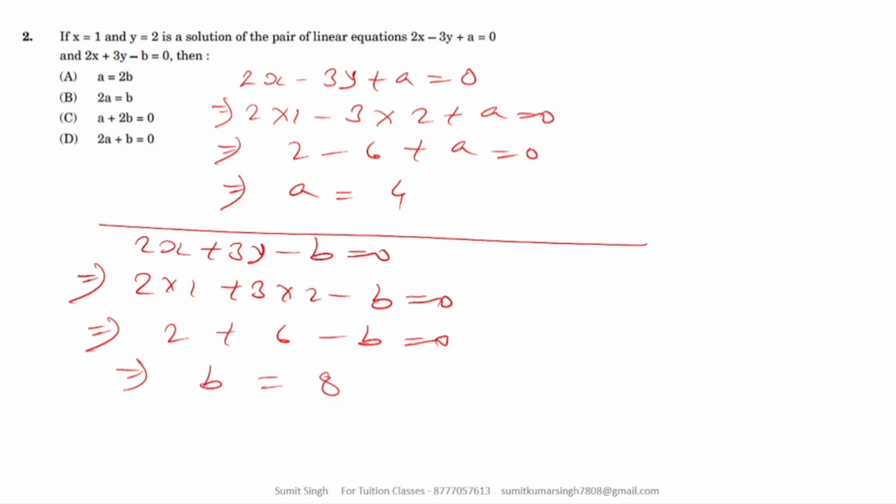If you see the options carefully, here a is 4 and b is 8. When we multiply a by 2, it becomes 8, the value of b. So the correct answer for this question is option B, that is 2a is equal to b, meaning a two times will be equal to the value of b.